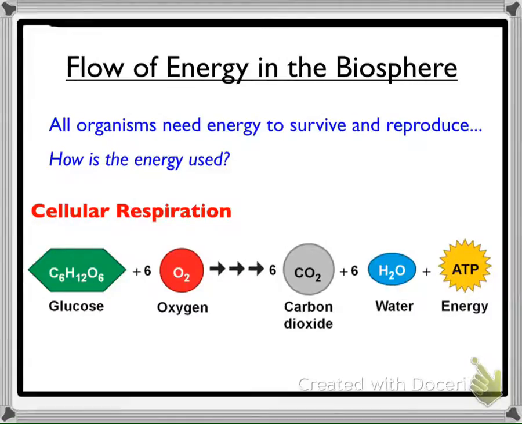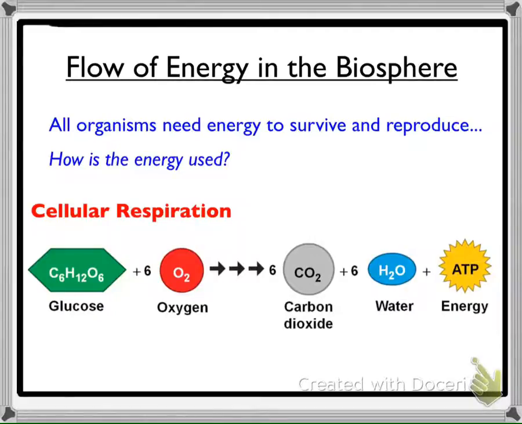So once this energy is harnessed from the sunlight, how is it actually used in organisms during their lifetime? Well, the way that we use this energy is through a chemical process called cellular respiration. This also happens inside living cells. And in this chemical reaction, glucose reacts with oxygen to form carbon dioxide and water.